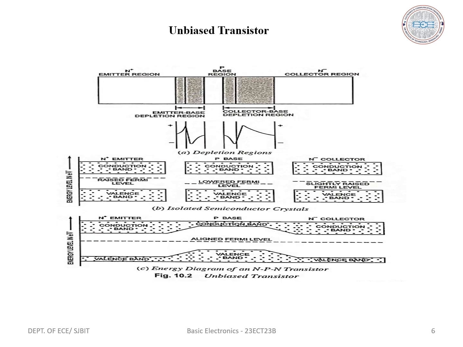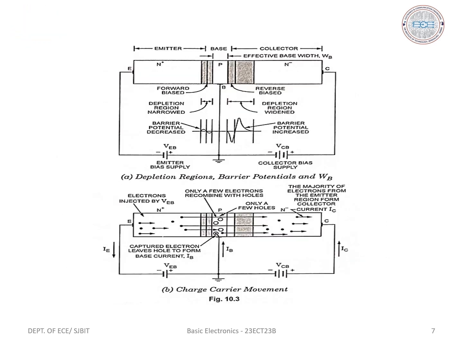Next, biasing of an NPN transistor in the active region. In order to use the transistor as an amplifier, it must be operated in its active region. The biasing of an NPN transistor for its active region operation and the direction of the currents are as shown in the figure. The operation takes place in the following sequence for an NPN transistor.